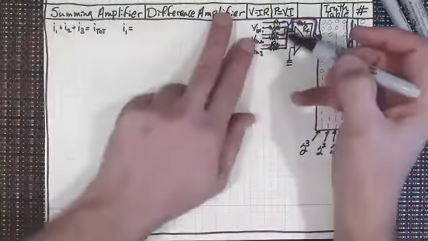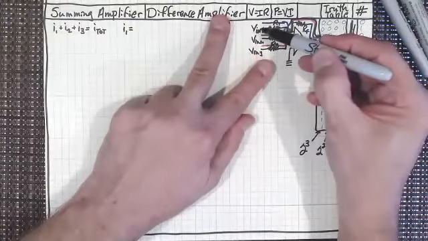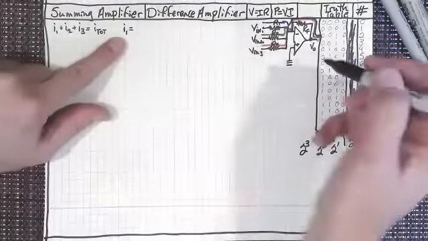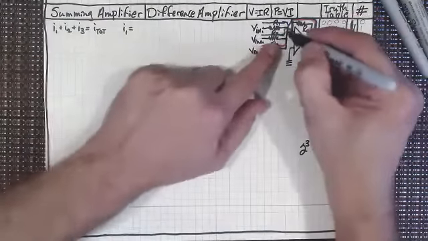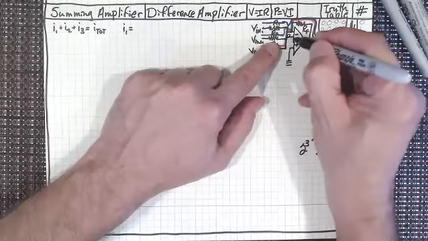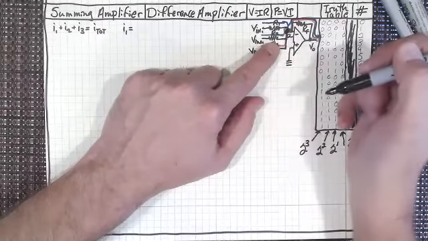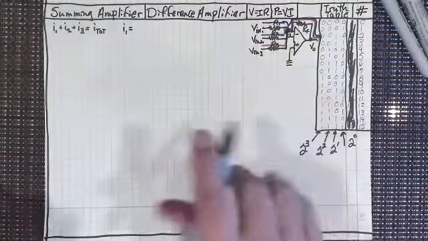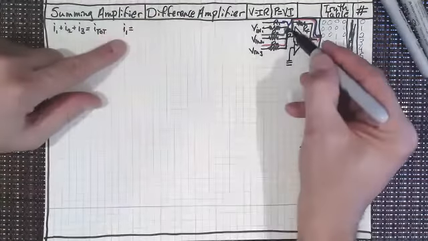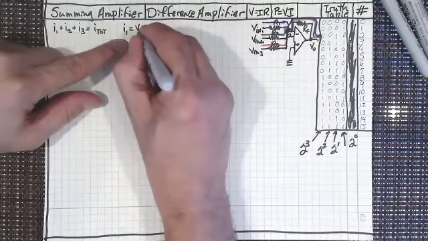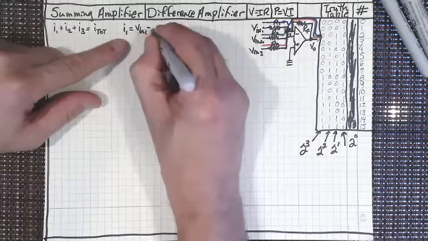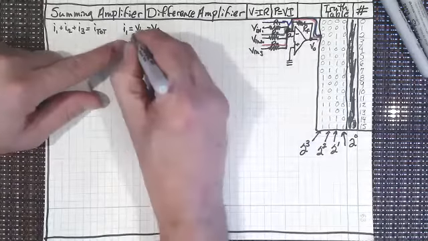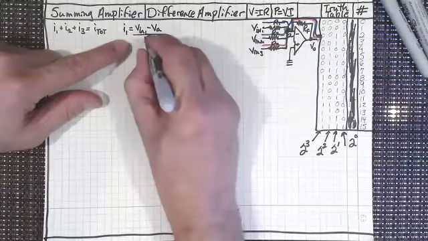Now, when we're looking at I1, what is I1? I1 is just going to be the V in over R1. So V in minus, let's call that point right there A, just like we always call it, V sub A. So I1 is going to be V in 1 minus V sub A, divided by R1.